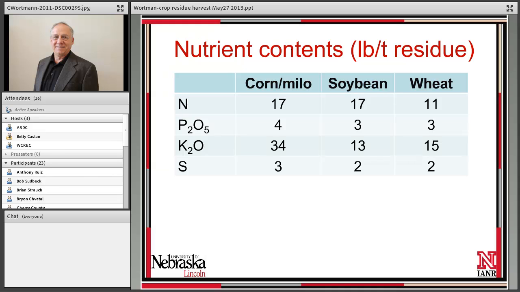In the NEBGuide we do give more details on the nutrients, but about 17 pounds of nitrogen per ton of residue for corn, milo, and soybean, a little bit less for wheat, 3 to 4 pounds of phosphate, relatively more potash in the corn and milo as compared to the other crop residues, and some sulfur.